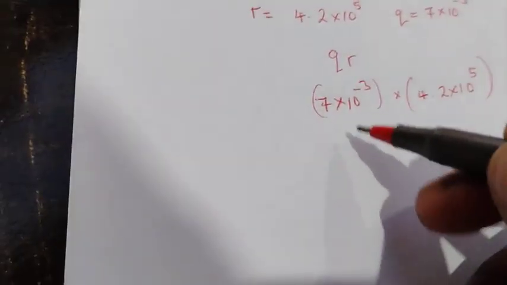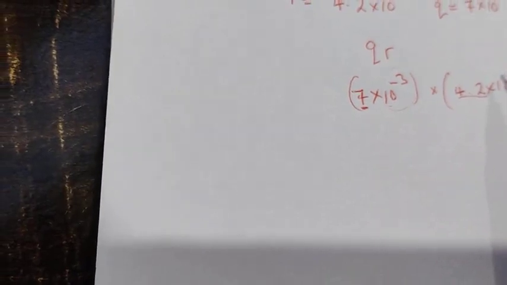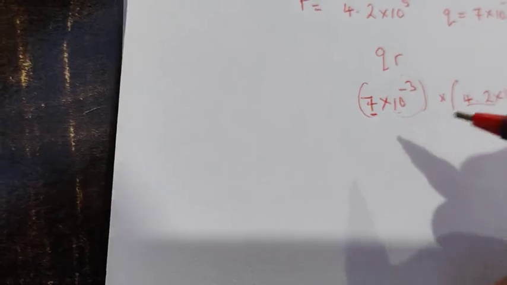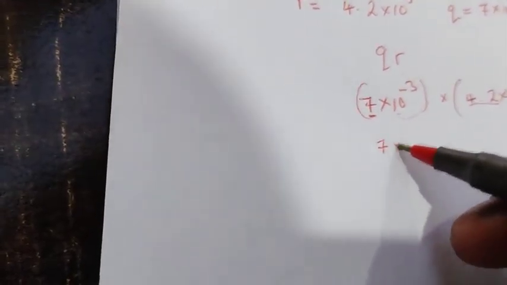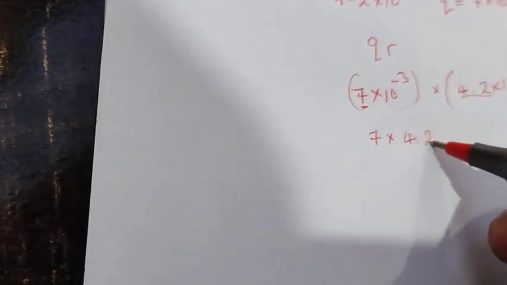Alright, so we group. So we have 7 and 4.2. We have 10 to the power minus 3 and 10 to the power 5. So what we do, it's 7 times 4.2, times 10 to the power minus 3 times 10 to the power 5.